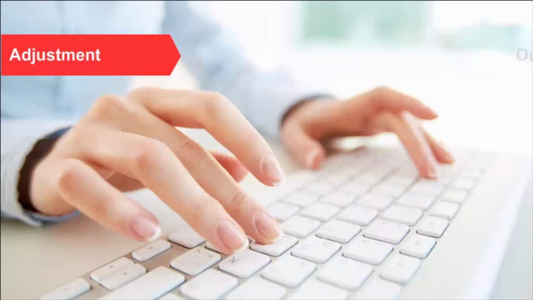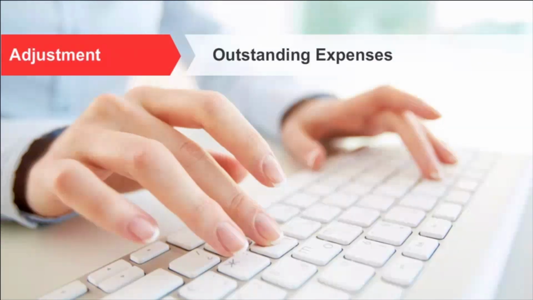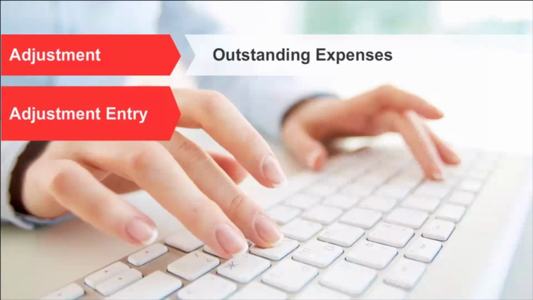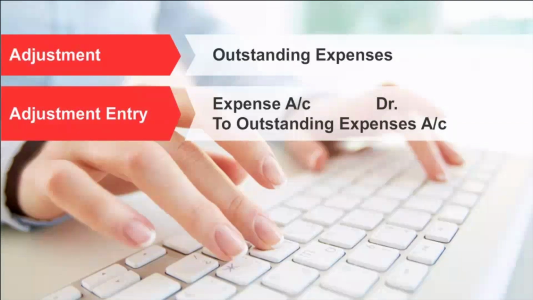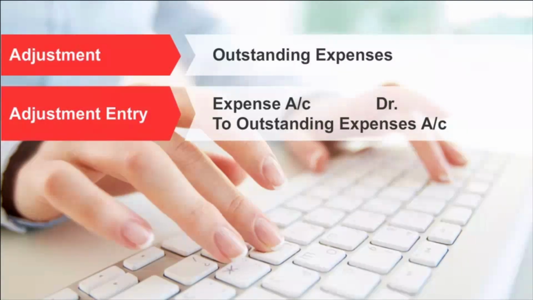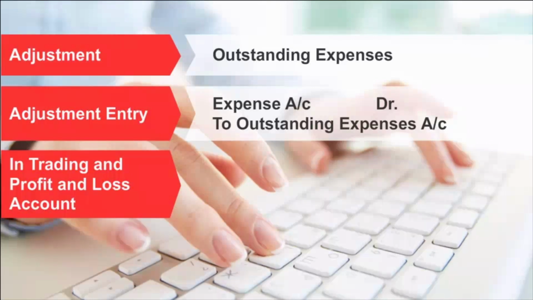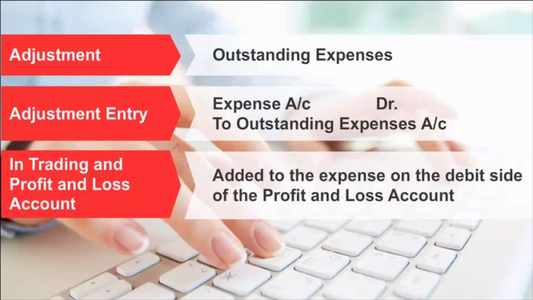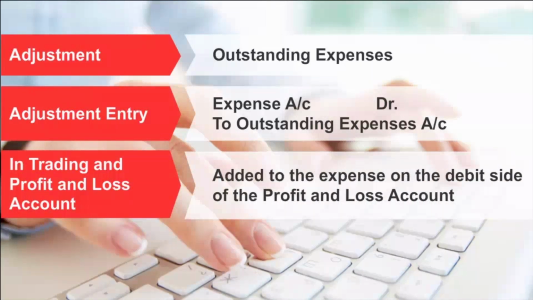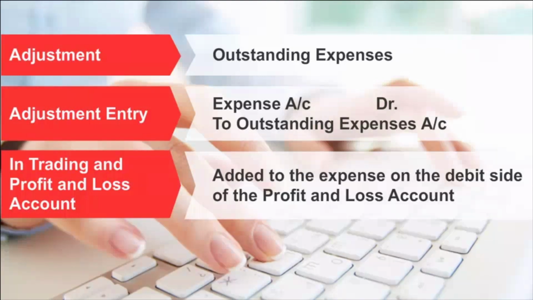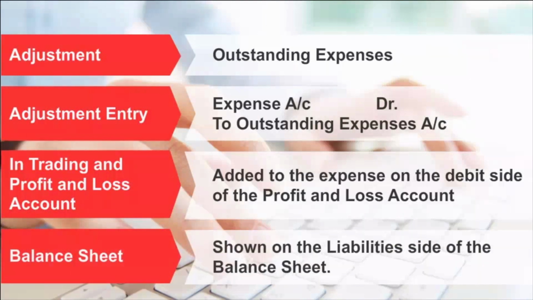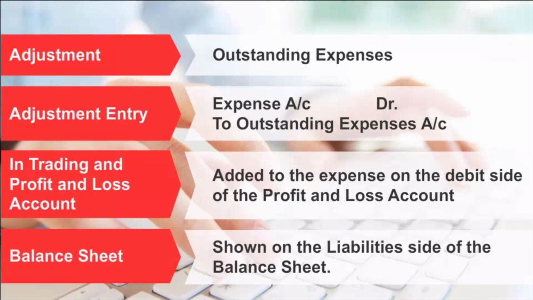Adjustment: outstanding expenses. Adjustment entry: expense account debited to outstanding expenses account. In trading and profit and loss account, added to the expense on the debit side of the profit and loss account. Balance sheet: shown on the liability side.